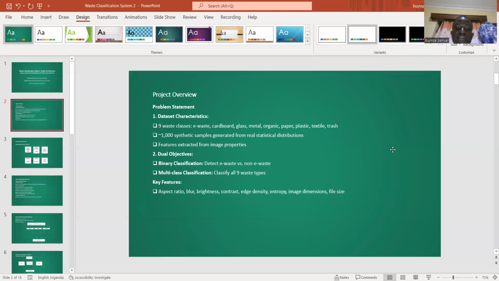There are 1,000 samples that we generated from real statistical distributions. They are featured, all the features extracted from those images as mentioned.